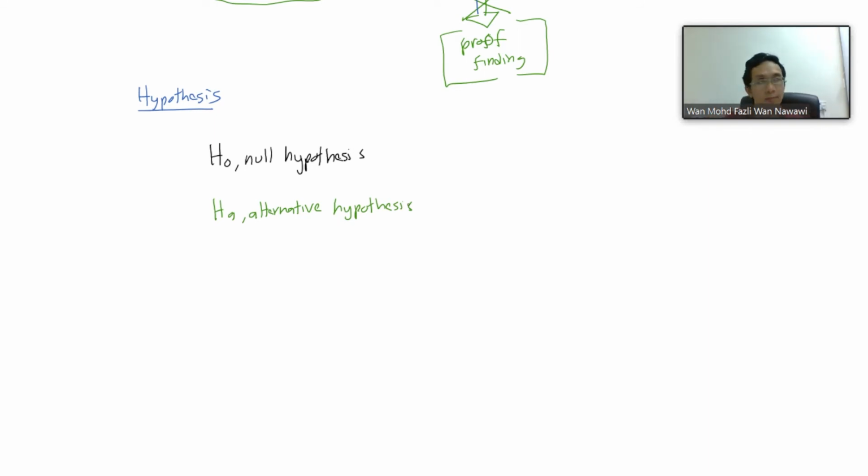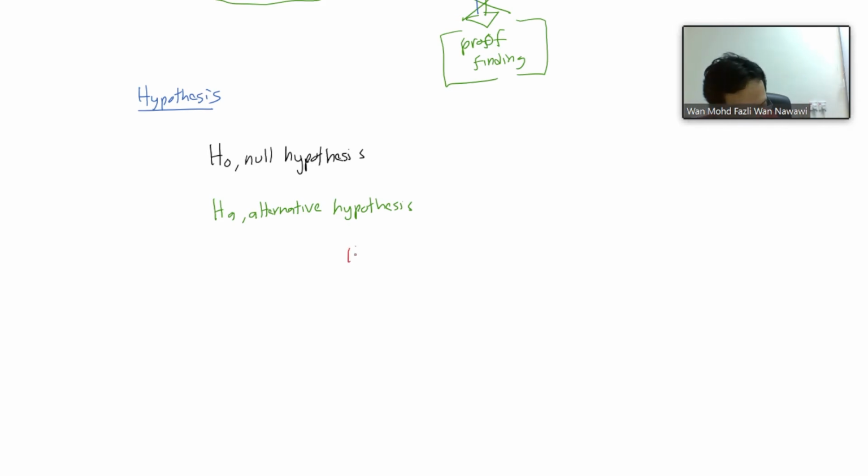The null hypothesis is basically the status quo, meaning that there is no effect. You remember we learned about effect or no effect, high effect, low effect before. So the null hypothesis says there is no effect, and the alternative hypothesis means there is an effect. Let's say you want to test about sugar and diabetes.